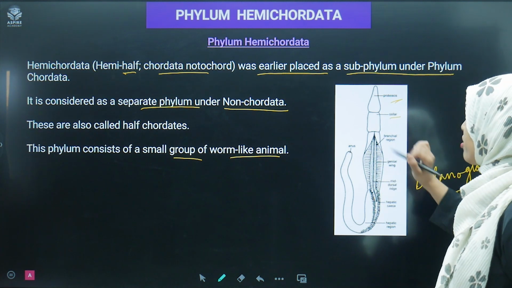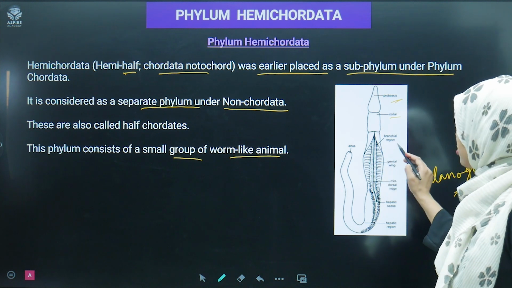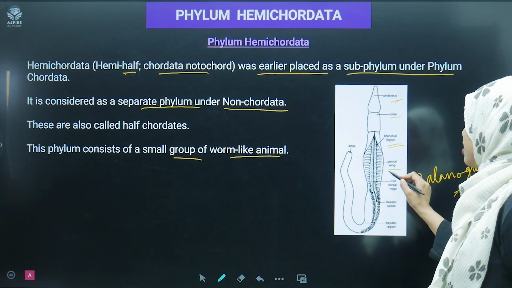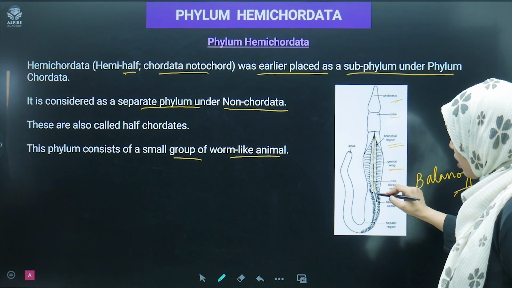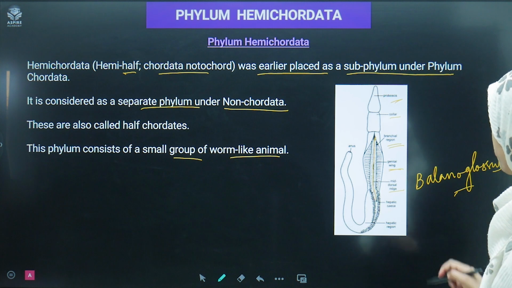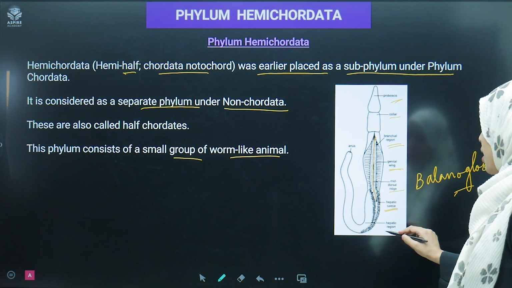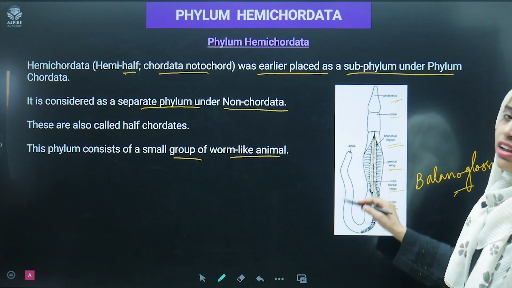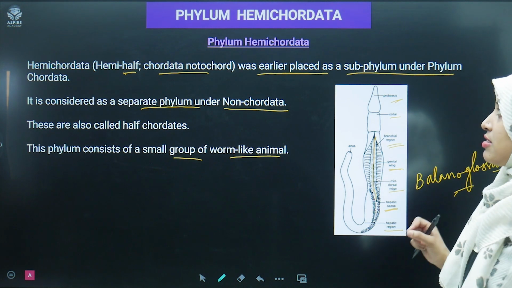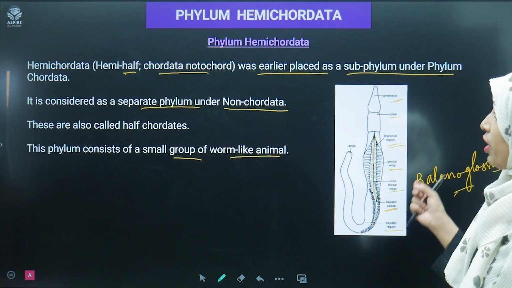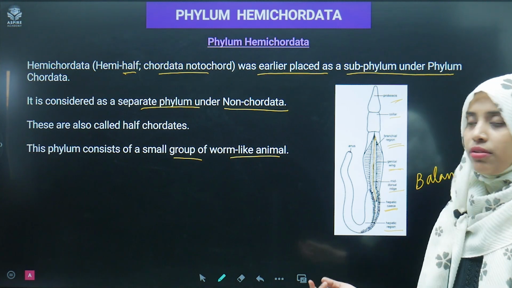After that is the collar region, then the branchial region, and genital wings. The middle line is called the mid dorsal ridge. Then the hepatic ceca, the hepatic region, and the anal pore. Okay, so this is the structure of balanoglossus. It is a hemichordate, and it looks worm-like.